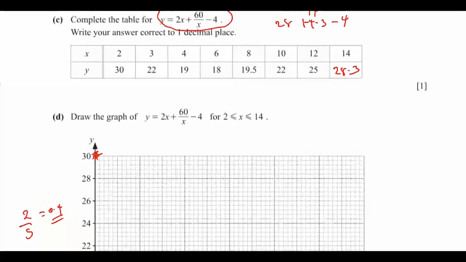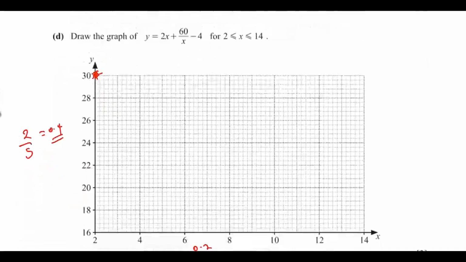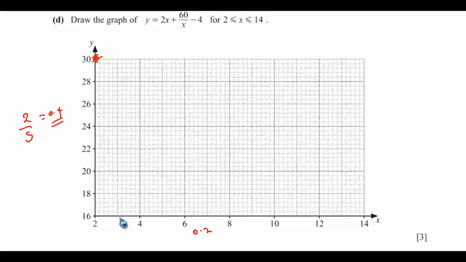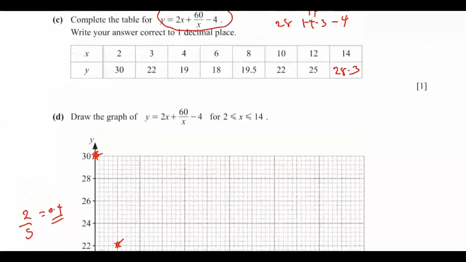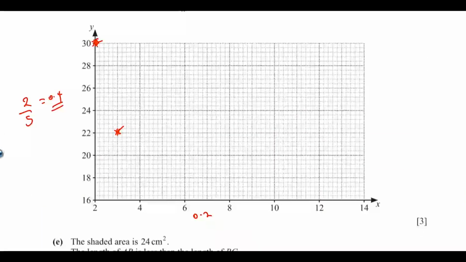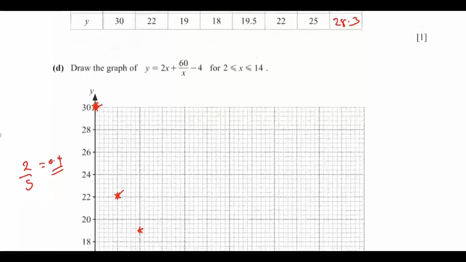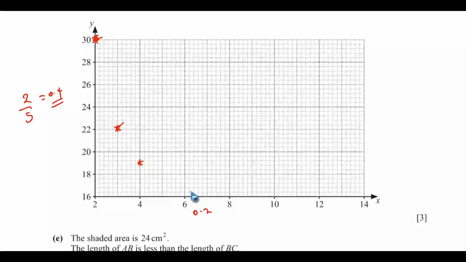Then the next one will be 3 against 22. So 3 will be the middle, then against 22 it will be this one here. The next one will be 4 against 19. This is 4 here, then 19 will be in the middle, since this is 18. Then the next one is 6 against 18, so it's here.